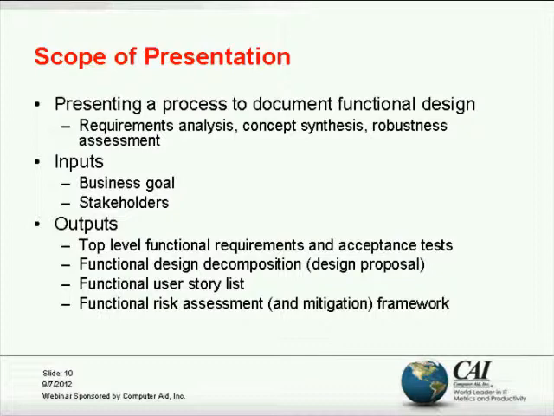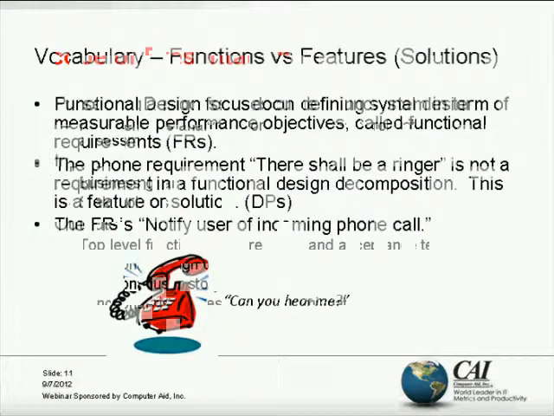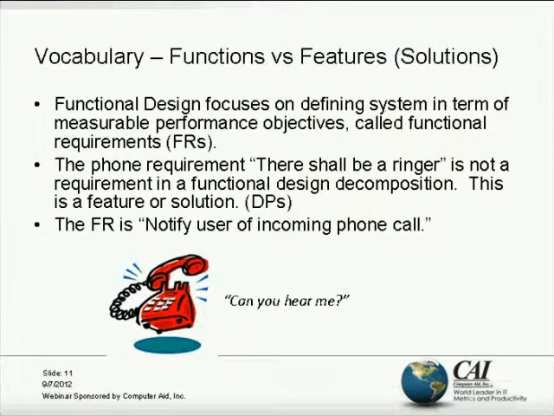And I do want to talk very precisely here about functions. It's a vocabulary and it's a real difference. Generally, in most places I've experienced, at Schlumberger as well, a lot of times requirements documents are feature documents or solution documents. Often they are user story documents. And in the axiomatic design process, we are trying to get away from defining systems in terms of their solutions, but rather define them in terms of their functions.